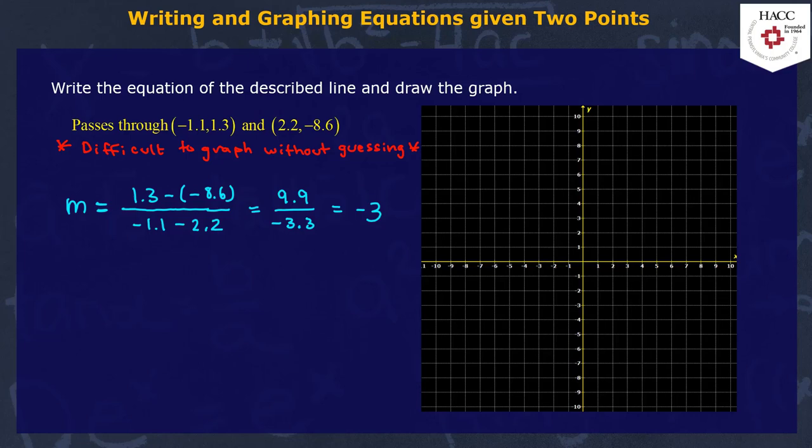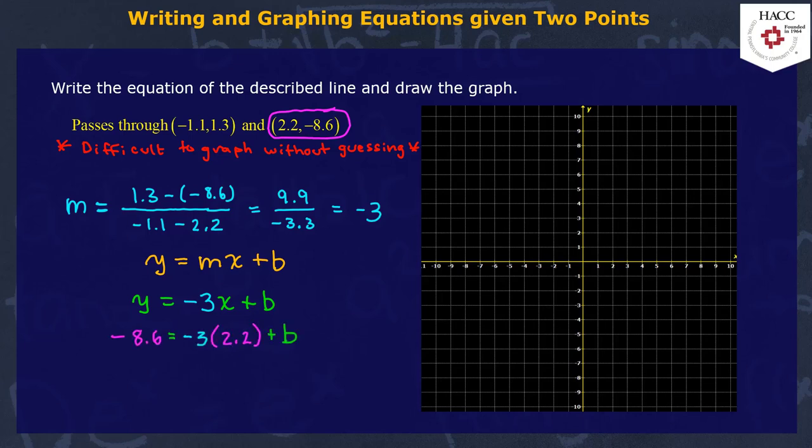And I'm going to use the second method again like I had before. I'm going to just go right to y equals mx plus b, because that's usually the desired format that your textbook wants you to produce. I know what m is. I have two instances where I know what x and y are. So all I have to do is pick one of them. For the purpose of this problem, I put the negative 3 in for m, and I picked the second set here as the coordinate to use, which means I'm going to replace y with negative 8.6 and x with a positive 2.2, and I work these out.